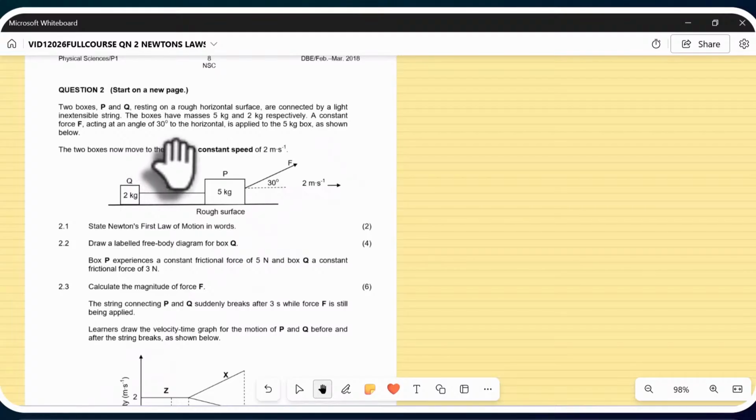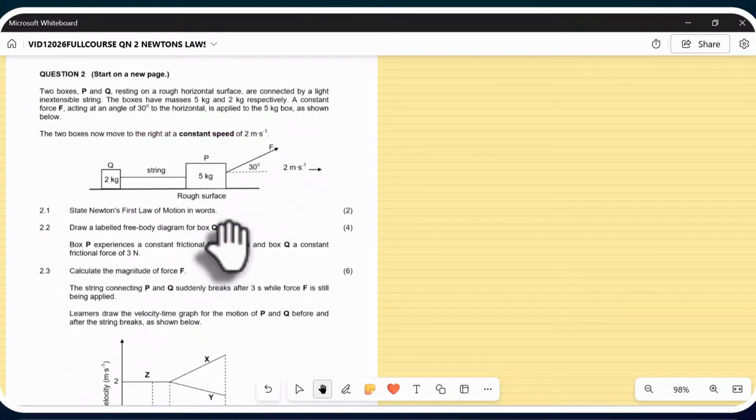Then they say draw a labeled free-body diagram for box Q. Now box Q is this one here. It's on the surface. So we have the weight and normal force opposite each other, then the tension, opposed by frictional force. But because it is moving to the right, the tension must be to the right.